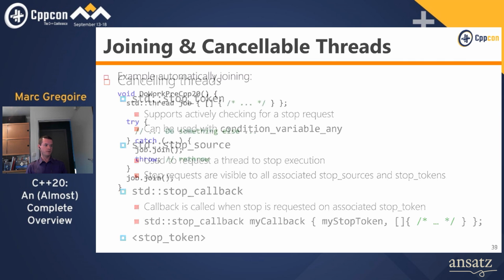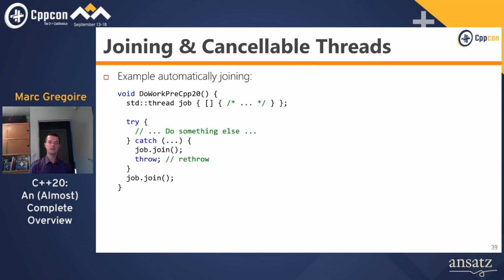So let's have a look at how this changes how you write your thread code. So here I have a function that creates a thread object. It's doing some work. And in parallel with the work that this thread is doing, I'm doing something else. But I'm using the old thread object here.